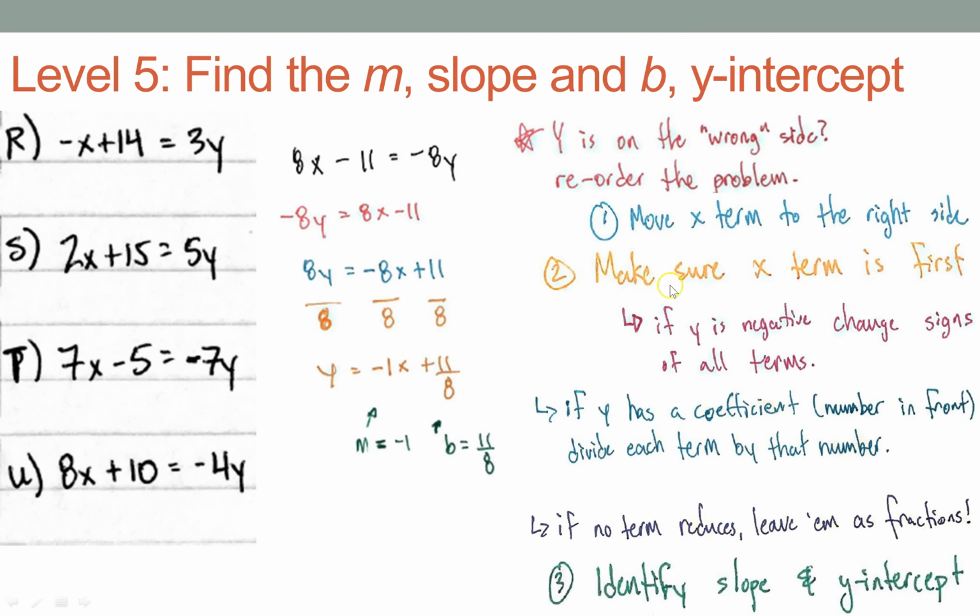And then if you follow steps 1, 2, and 3, and all of the little steps for 2, you're always going to be able to identify the slope and y-intercept. So go ahead and write those down on the back of your paper. Or if you're following along at home, write them down. Or type them in your computer or your phone. And go ahead and pause the video, do R, S, T, and U the same way I did level 5. And I'll be here when you get back.